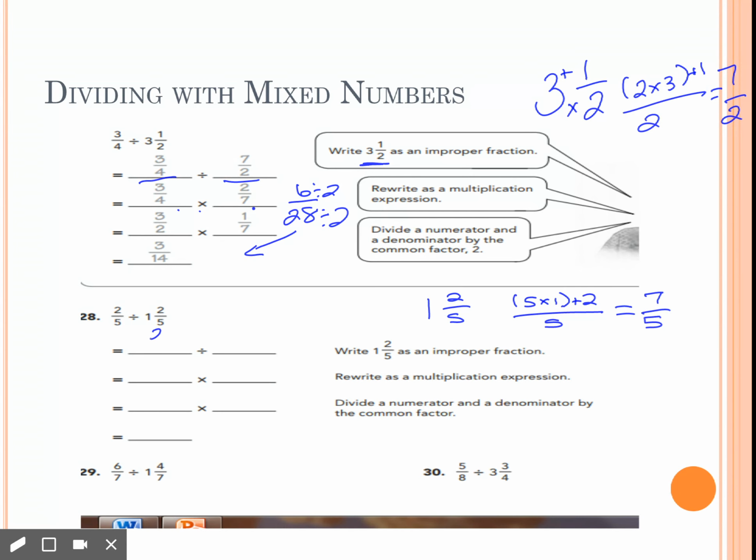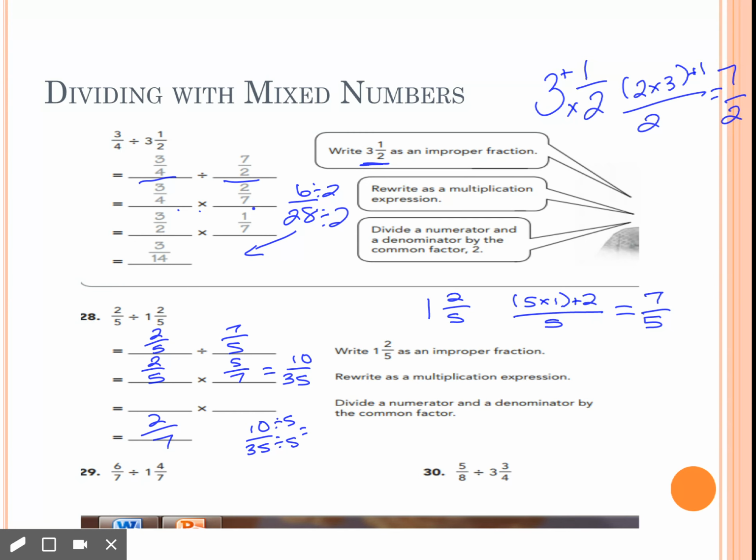So now I have 2/5 divided by 7/5, which becomes 2/5 times 5 over 7, which is 10 over 35. And I'm going to divide 10 and 35 by their greatest common factor of 5. And I will get 2/7.